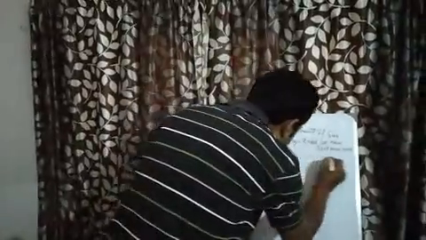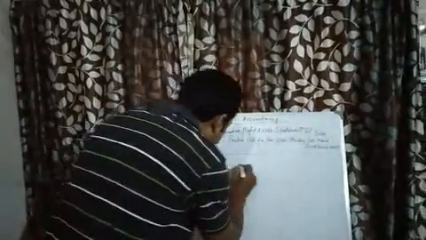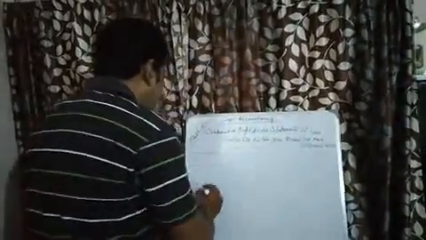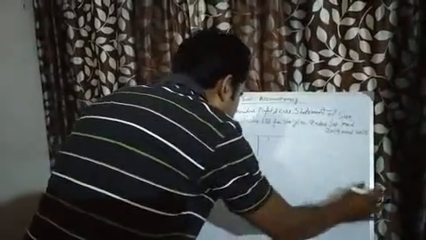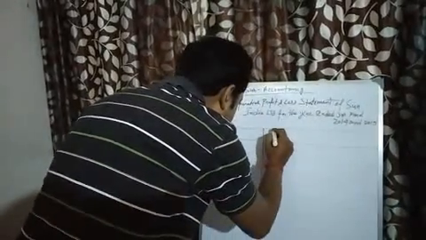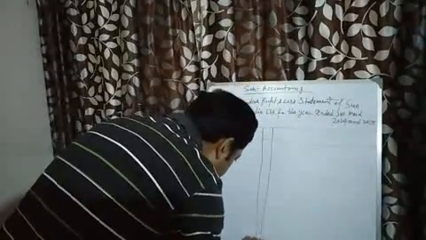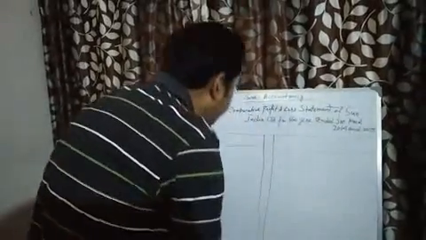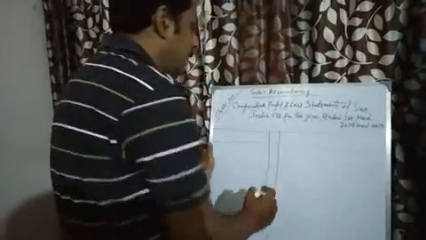First you have to know the format. What is the format of this? There are particulars. Then there is the note to accounts, which is compulsory as per the Companies Act 2013.